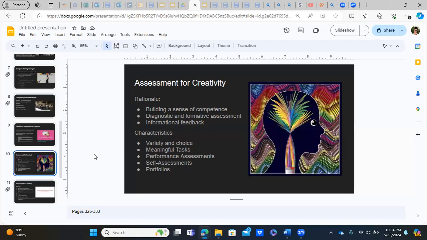And so the reason I say self-assessment is important is because as their teachers, we can help them refine their understandings of some of the criteria of what it means to be creative or to demonstrate expertise in a certain area. Eventually, we want our students to build their own rubrics.